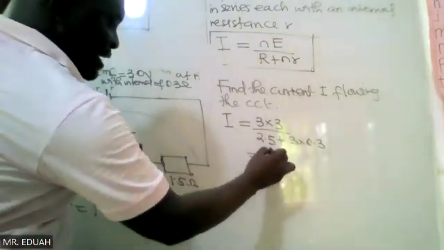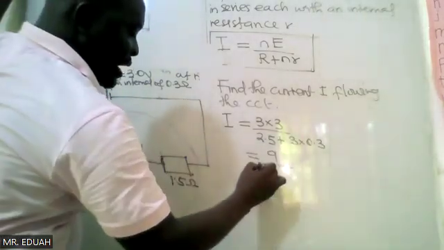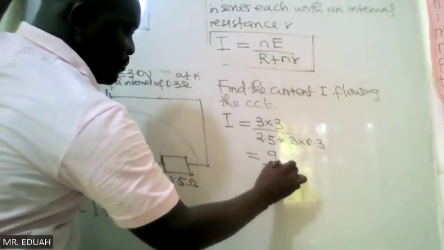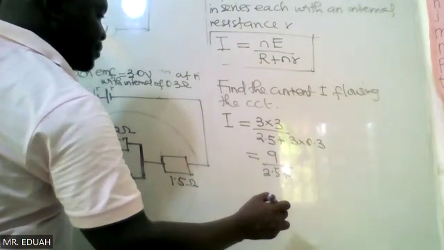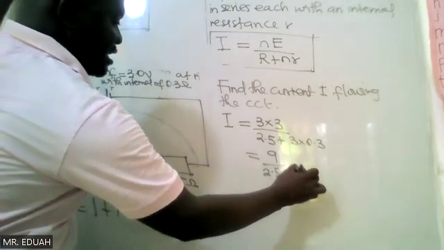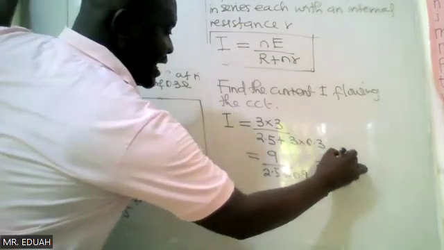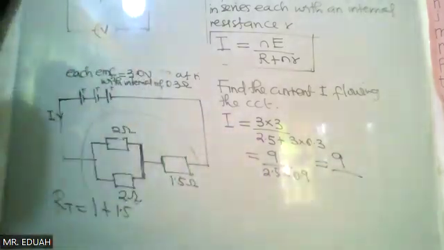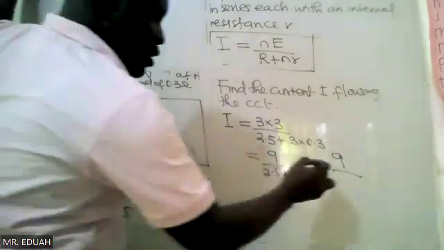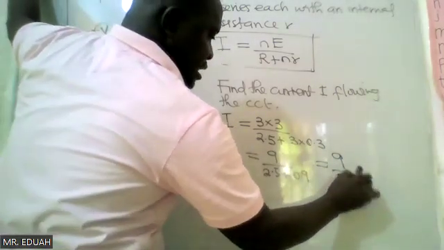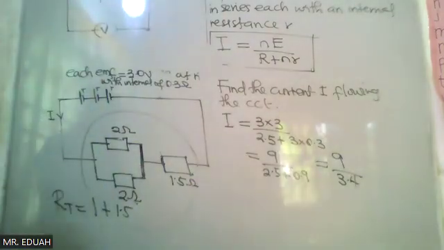So we have 9 over 2.5 plus 0.9. So 9 divided by, sum this up, this is 3.4. Divide 9 by 3.4.